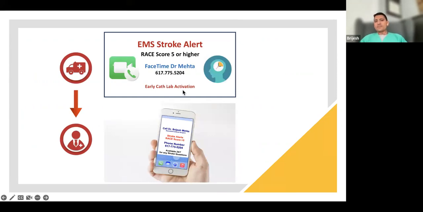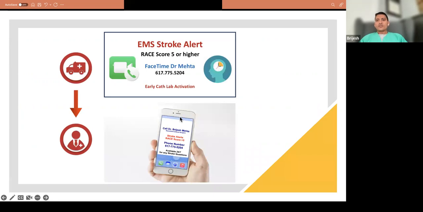And so we've also set up FaceTime evaluation with our paramedics in the ambulance. Especially new recruits, if they need some guidance during their stroke scale assessment, can FaceTime me 24/7, and I am able to evaluate these patients right there, from the hospital, from my house, into the ambulance.